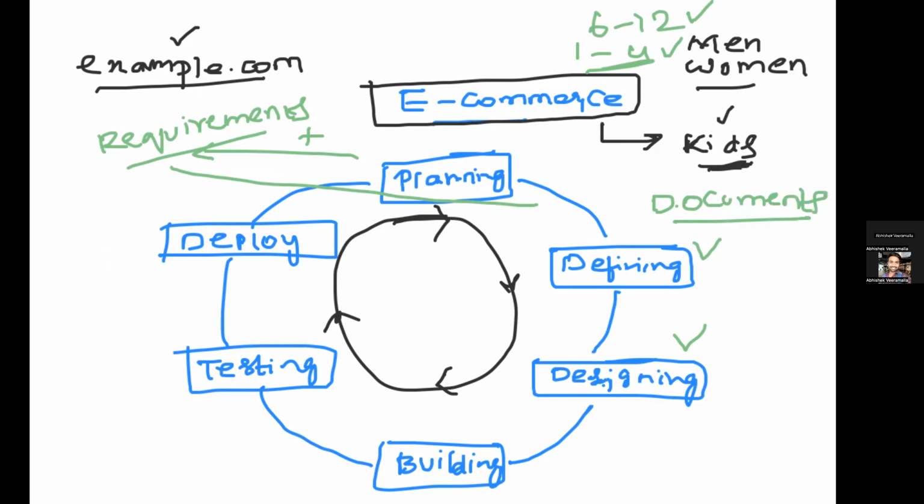Now they will write a document called the software requirement specification document, in which they provide all the data that they have collected as part of the planning phase.